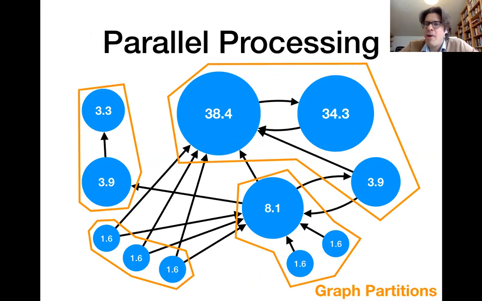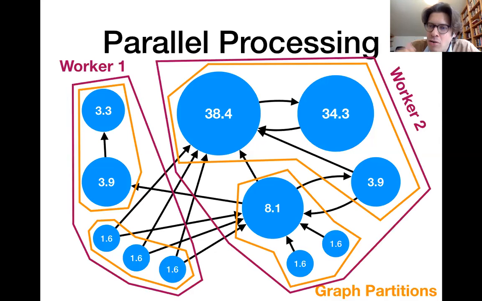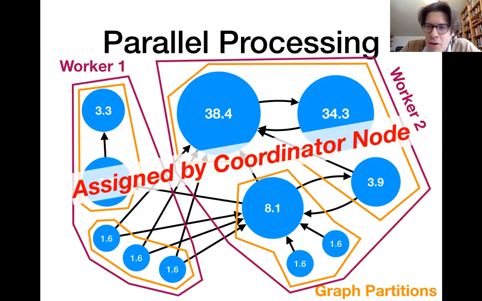You can try to optimize the partitioning of the graph in order to have nodes that have lots of interactions with each other together in the same partition. And then each worker machine is assigned one or multiple partitions by the coordinator node, which tries to optimize the assignment from workers to partitions.